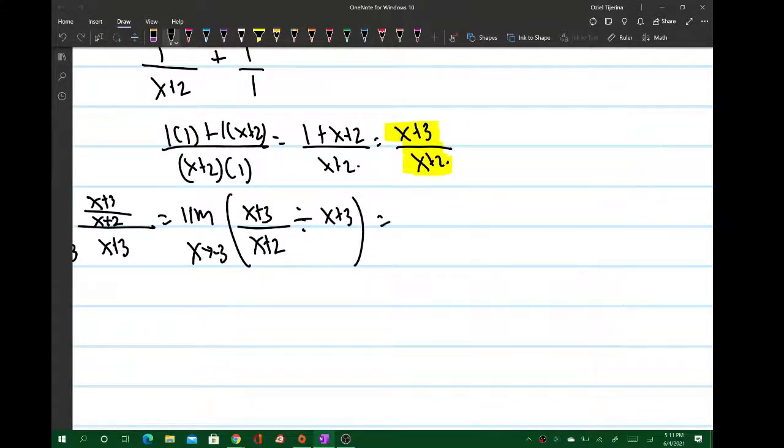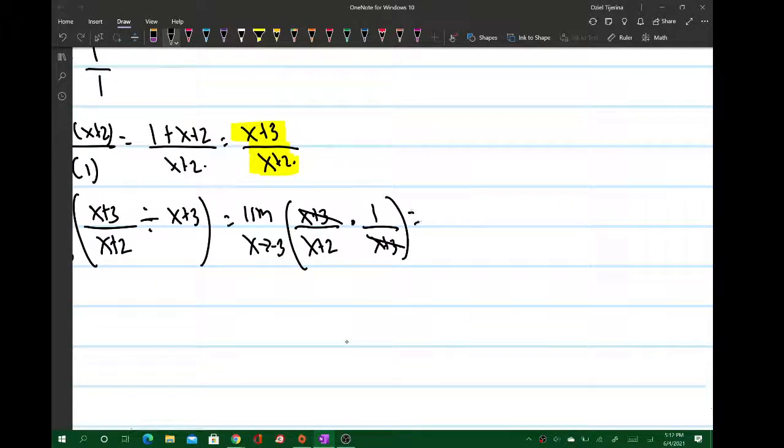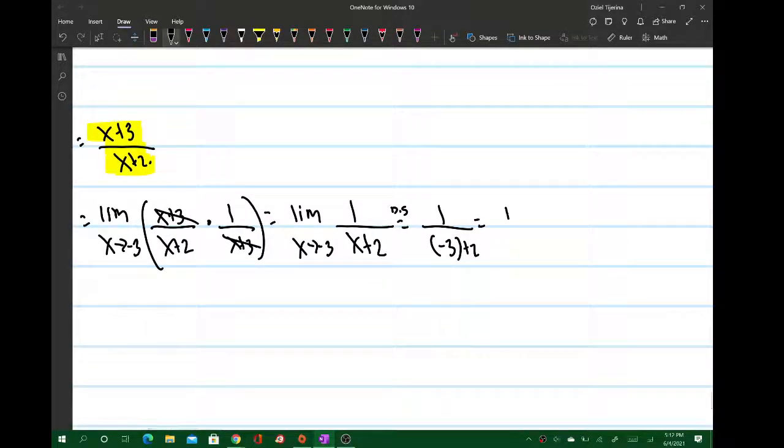This is equal to the limit as x approaches -3 of x plus 3 over x plus 2 times 1 over x plus 3, and they cancel out, so it's equal to the limit as x approaches -3 of 1 over x plus 2, which by direct substitution is equal to 1 over -3 plus 2, which is just equal to 1 over -1, which is just equal to -1.